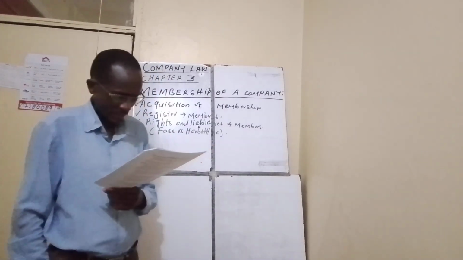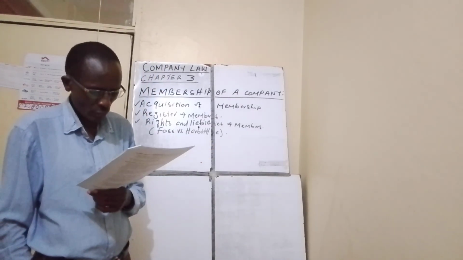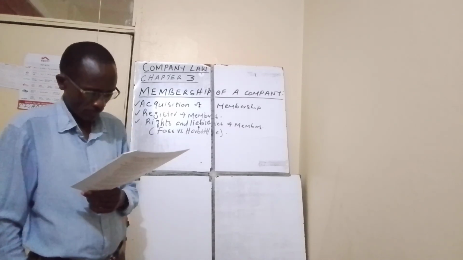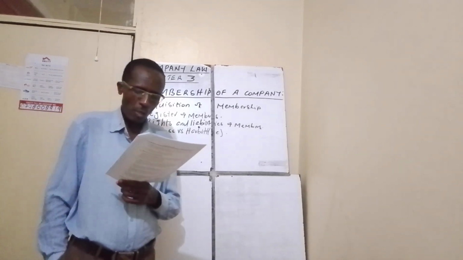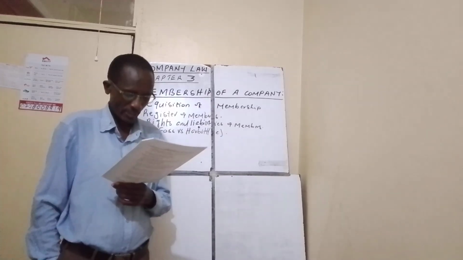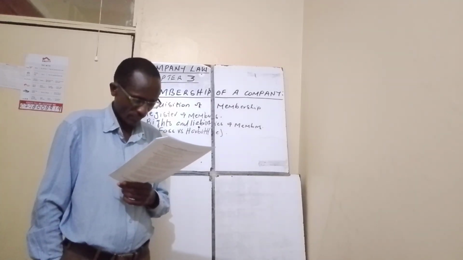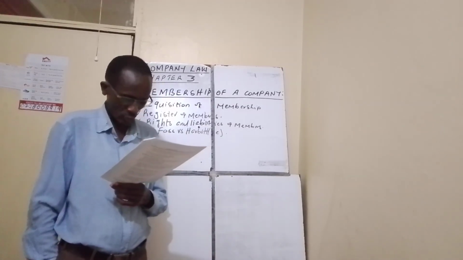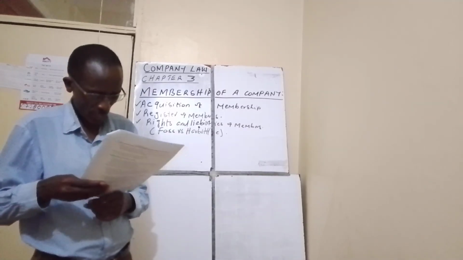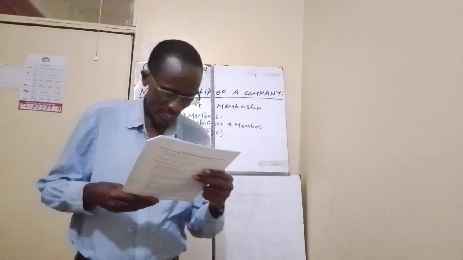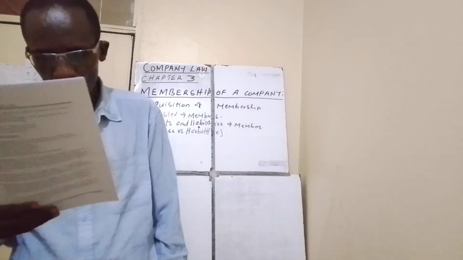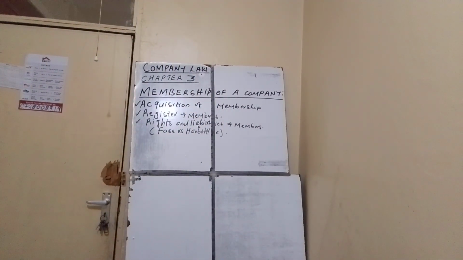Number three, in case of violation of individual membership rights. Number four, in case of fraud on the minority. Number five, in case of oppression of the minority.